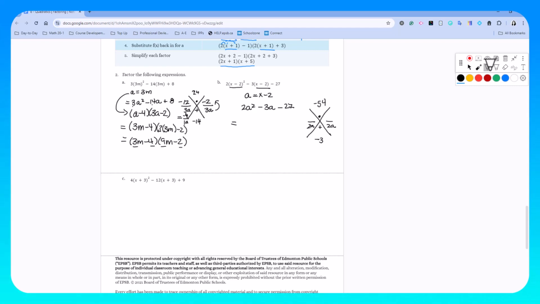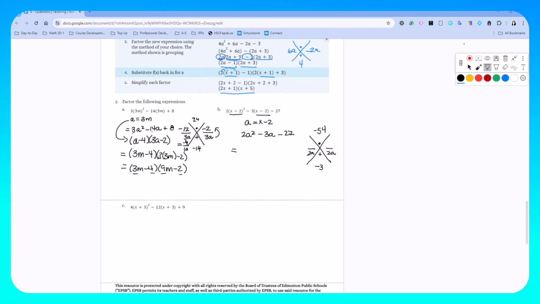And we can only get a negative if one is positive and one is negative. Well, I know that 6 times 9 is 54, which means if I want this to work, the 9 needs to be negative, because negative 9 plus 6 is negative 3, and negative 9 times 6 is negative 54.